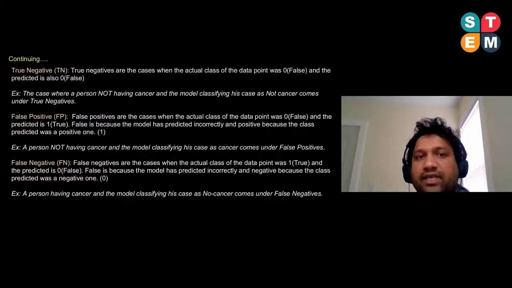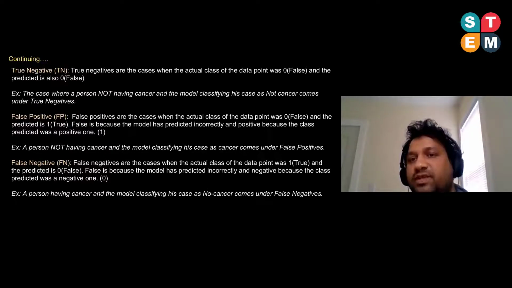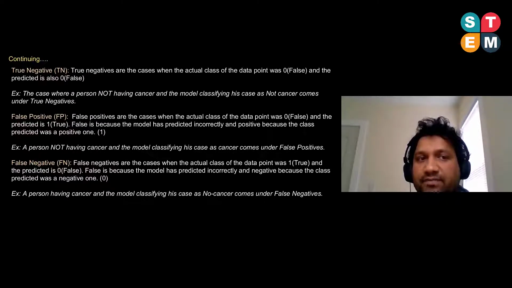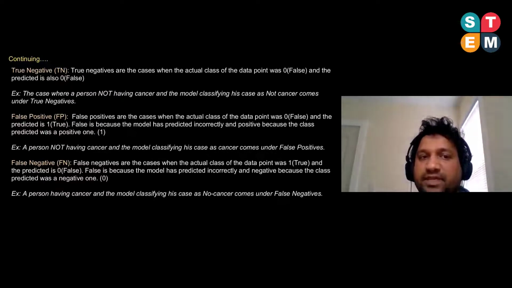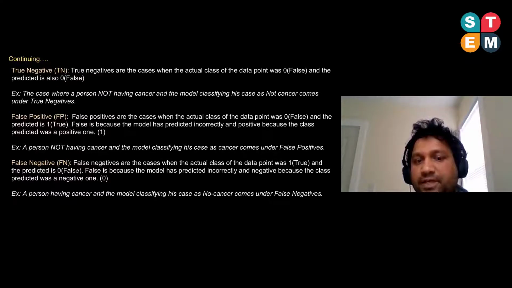I again describe: true negatives are the cases where the actual class of data points was negative and the predicted is also negative. False positives are the cases when the actual class was negative, but predicted is positive.